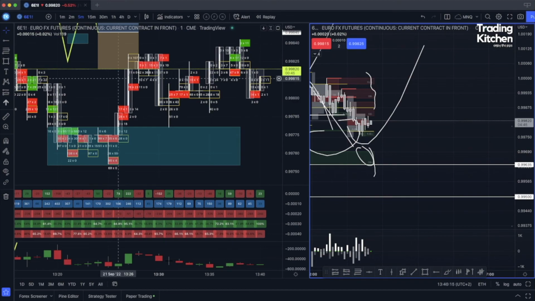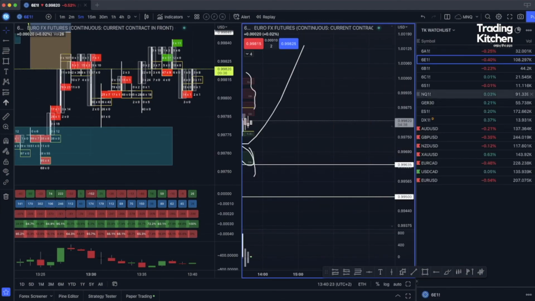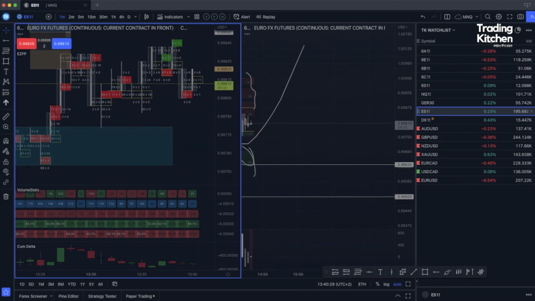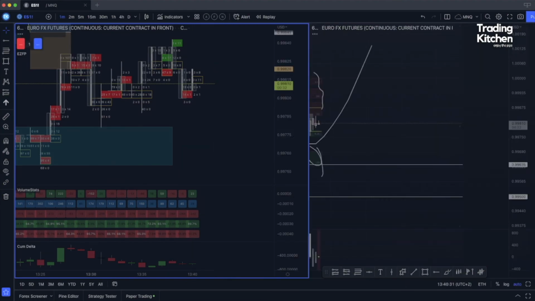Let me show you an example if you want. Now I switch instrument, and we're going to open S&P, for example.